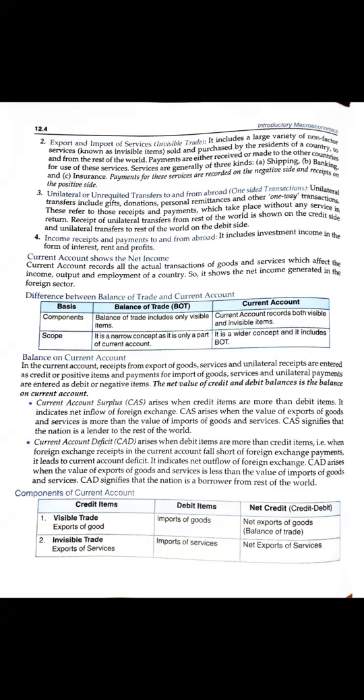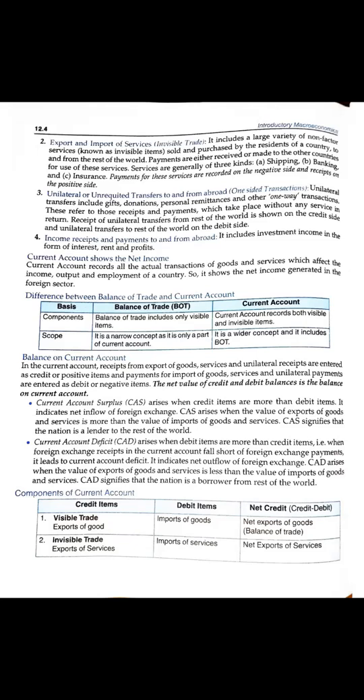So what is the difference between balance of trade and current account? Balance of trade, BOT, we discussed yesterday, right? It records only visible items. But what about the current account? It records visible items, invisible items, and also unilateral transfers, except capital transfers. Why?